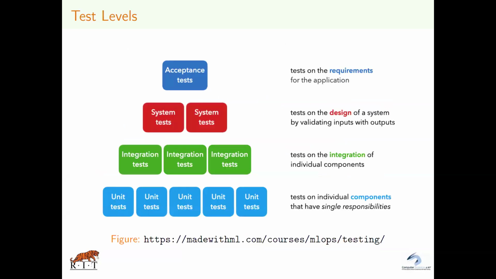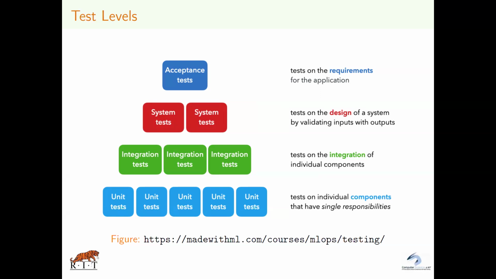Okay. Now let's talk about different levels of testing. If you want to test only one function, it's called a unit test. You test just one unit. If you want to test several functions, then it's called an integration test.